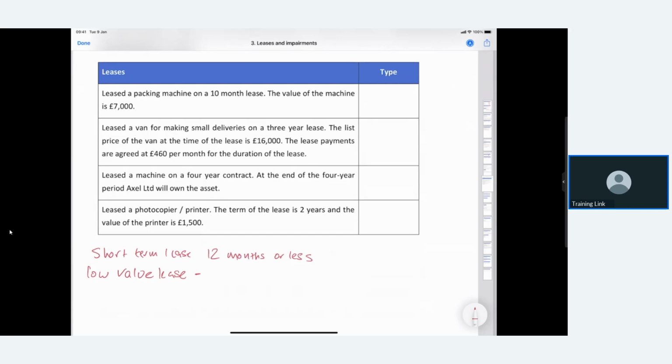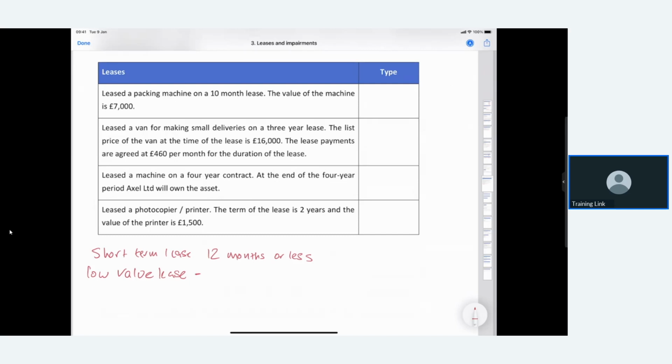Is it for smaller items such as laptops, in which case you could usually class it as a low value lease? The sort of number that is generally accepted is around 5,000 or less over the period of the lease. But I think a lot of it comes down to what the items are.